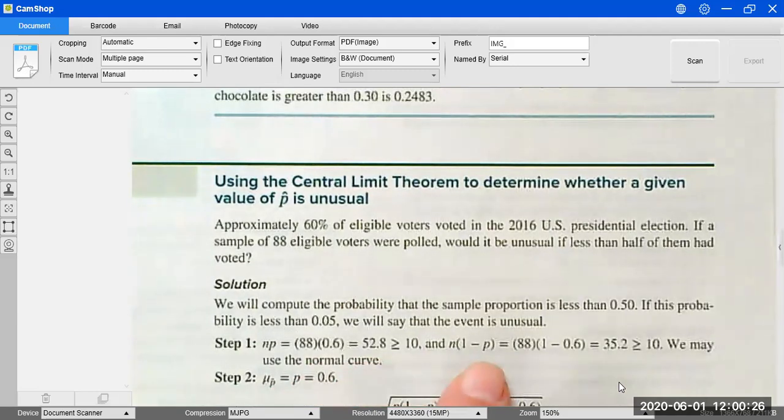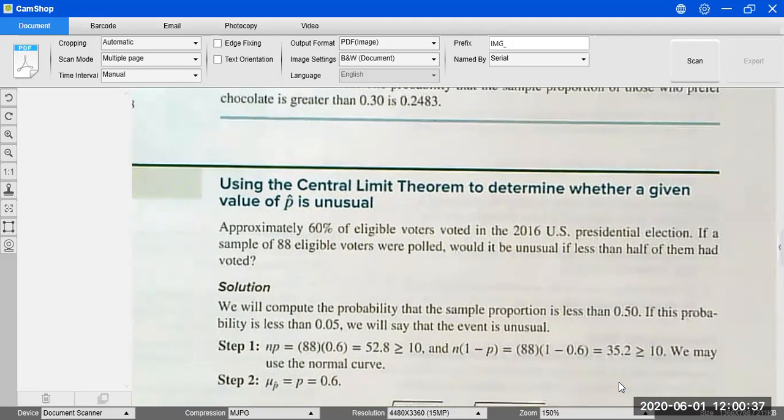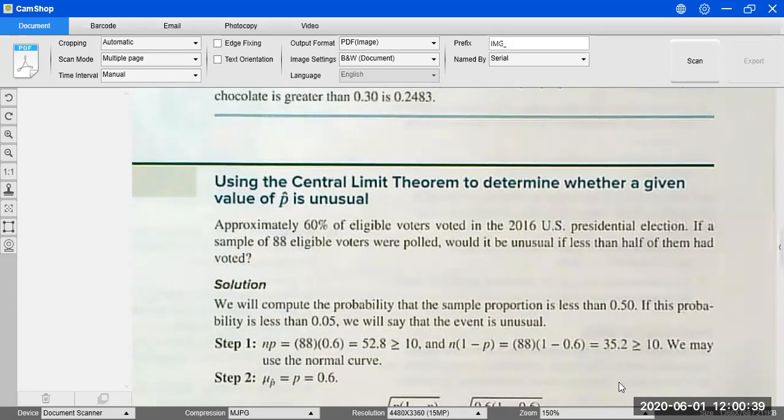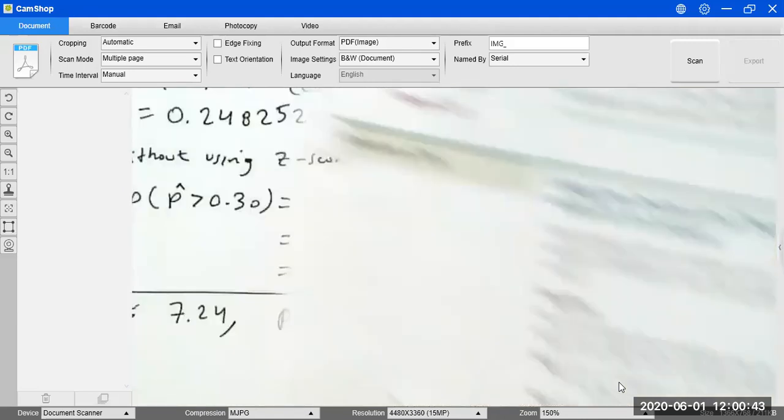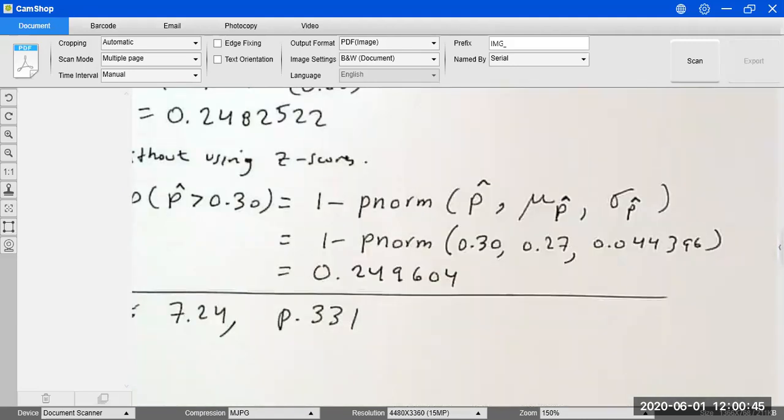The other condition is 88 multiplying 0.4, and it's 35.2. So those conditions are satisfied. So now we can proceed and use the normal distribution as the sampling distribution for proportion.